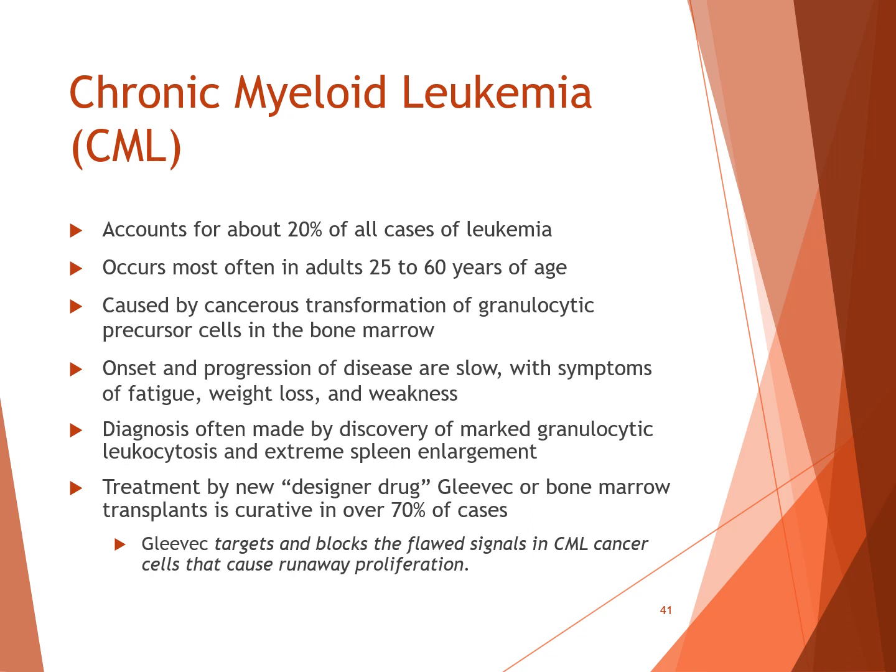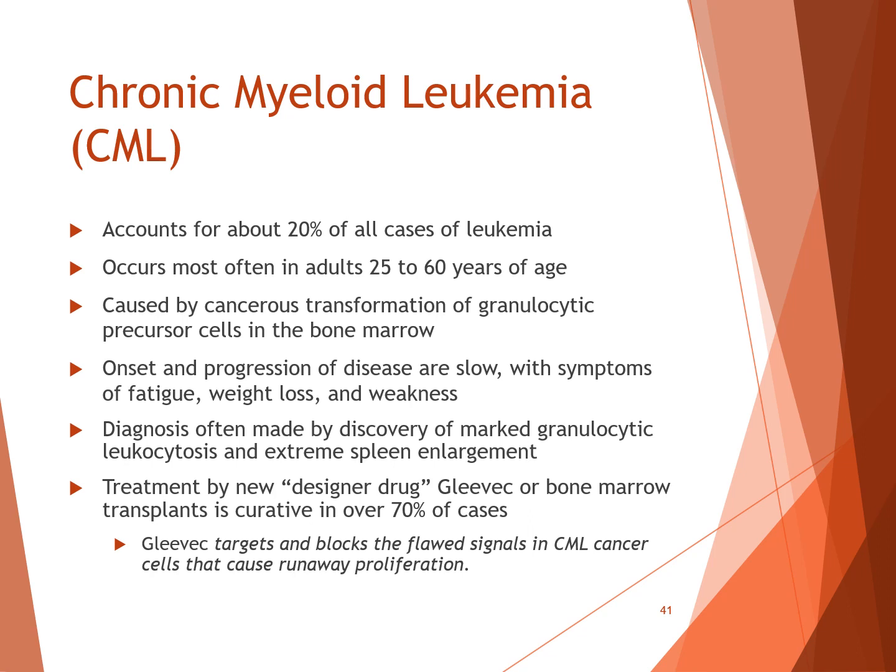Diagnosis is often made by the discovery of increased granulocytic cells, and as a reminder, those types of white blood cells are neutrophils, eosinophils, and basophils. So we're going to see an increased elevation of those types of white blood cells, and the spleen is going to be severely enlarged.